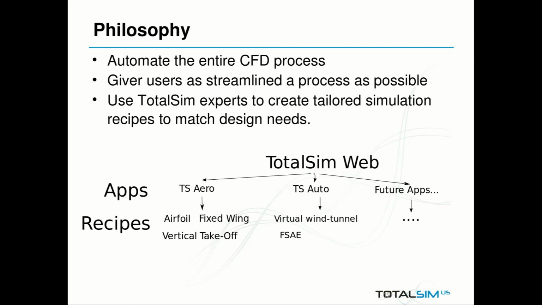And so if we want the user to be able to be guided through the geometry setup and setting up the simulation and be provided assistance for analyzing the results, then what TotalSim does is, every time we come up with a complete solution and process for each of those different simulations, we'll basically publish a new recipe.